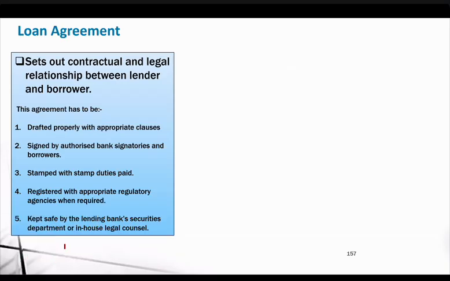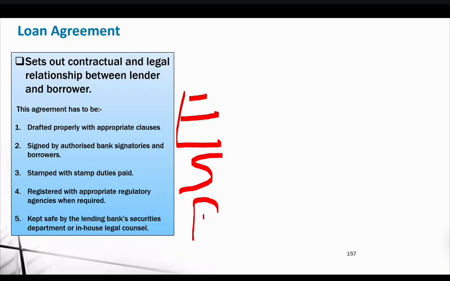When I write this here, which number is E out of 1, 2, 3, 4, 5? Which one is execution? Number 2, correct. Which one is stamping? 3. Number 4 is R, register.